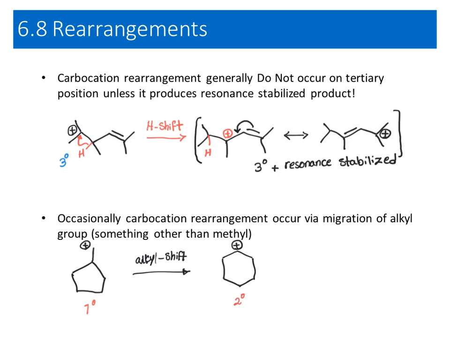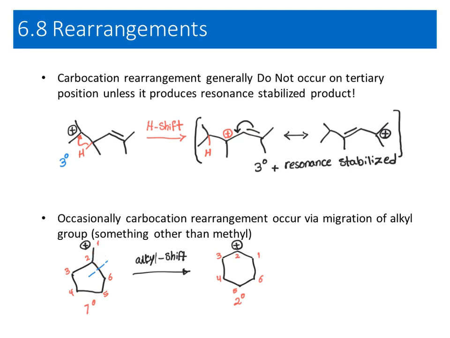So how does this happen? Let's number all the carbons here, and also in the product. What's happening here? We are breaking the bond between carbon 2 and carbon 6, and we are shifting the electron density from carbon 2 to carbon 1.